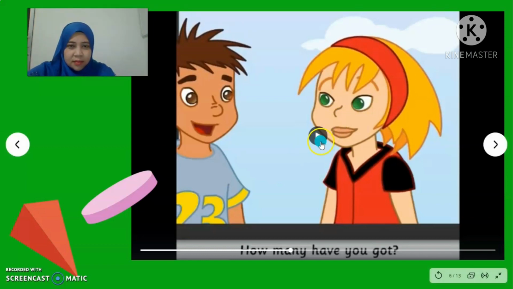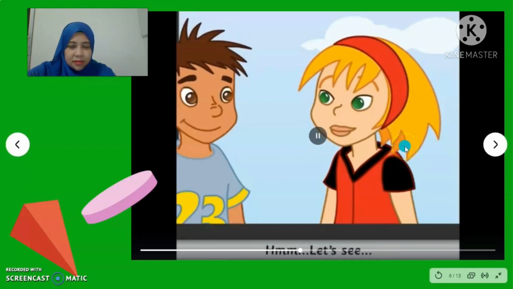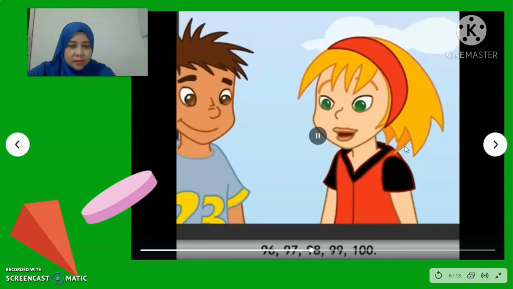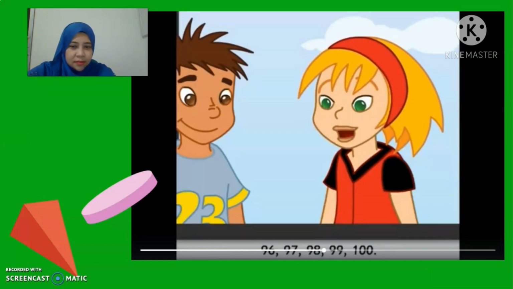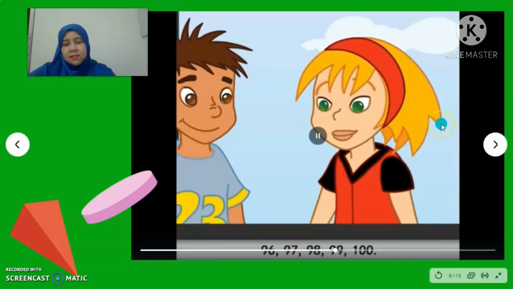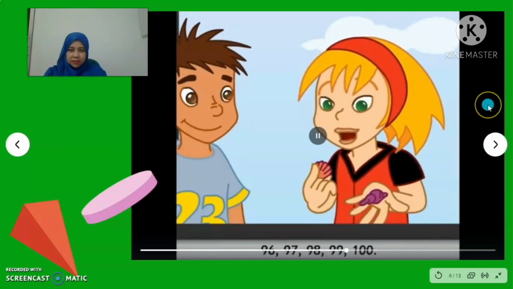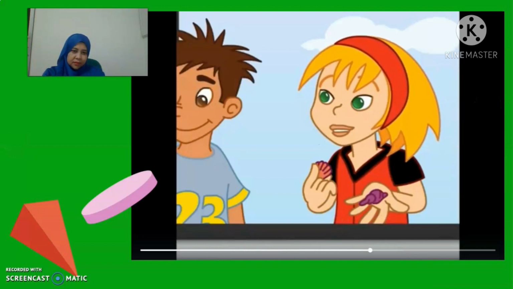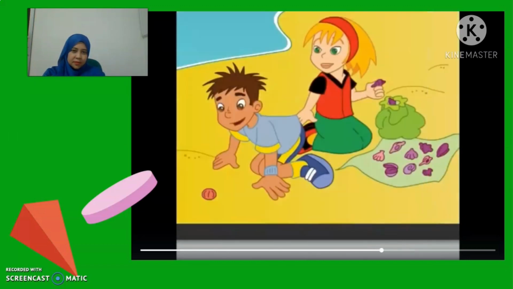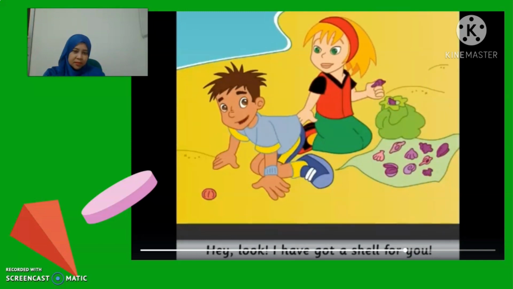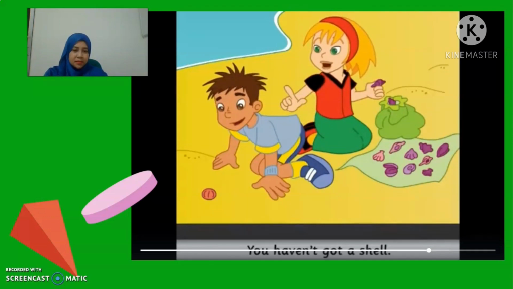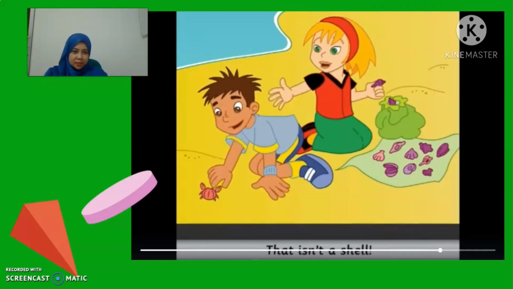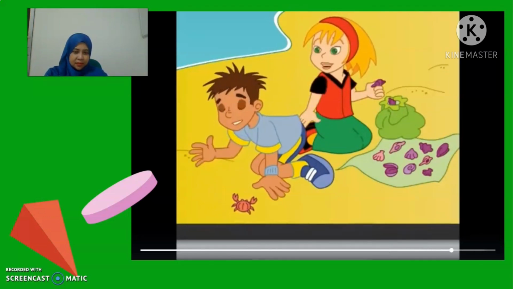How many have you got? Let's see. 96, 97, 98, 99, 100. I have got 100 shells. Hey, look! I have got a shell for you. You haven't got a shell. That isn't a shell. Ouch!